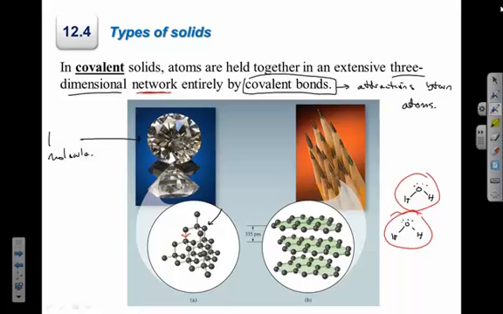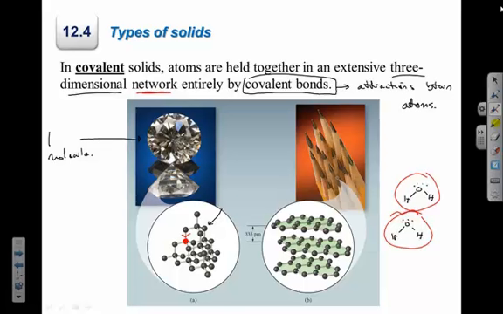I don't have to break any noble gas configurations to do that. But to break up a diamond, I do, because in a diamond this carbon atom is bonded with four other carbon atoms. It needs those bonds to maintain its noble gas configuration. And if I want to cut it, or burn it, or melt it, I've got to allow atoms to move away from one another. They have to break covalent bonds to do that.